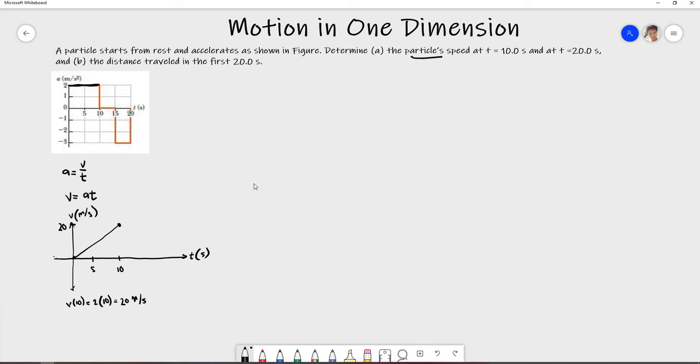Now from 10 to 15 seconds, you can see the acceleration drops, and then it became constant again. Therefore, since it drops then became constant, this one is from 10 to 15 seconds.